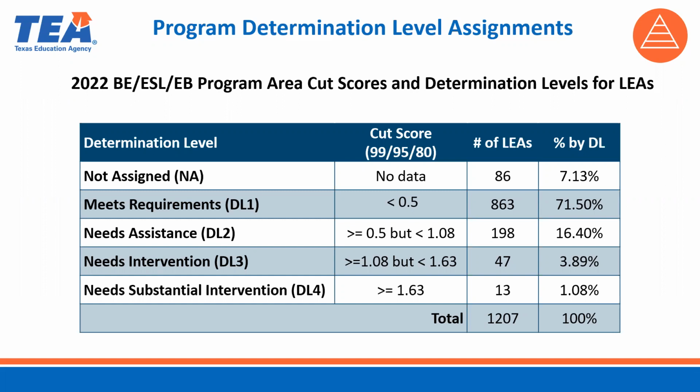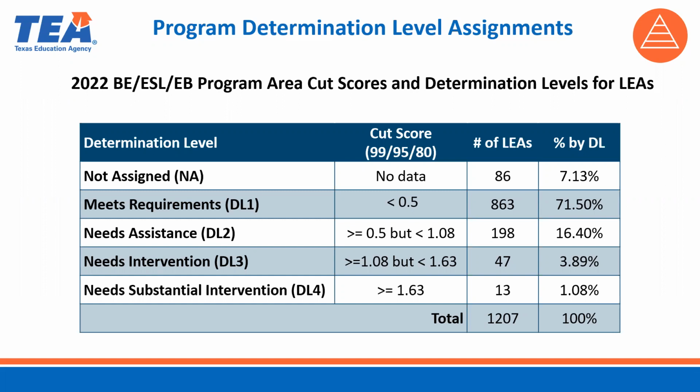First, calculation of the performance level, or PL mean, then application of percentile distribution and cut points, followed by determination values of 1, 2, 3, or 4 based on percentile position, and finally, associated determination levels based on the DL values 1, 2, 3, and 4.